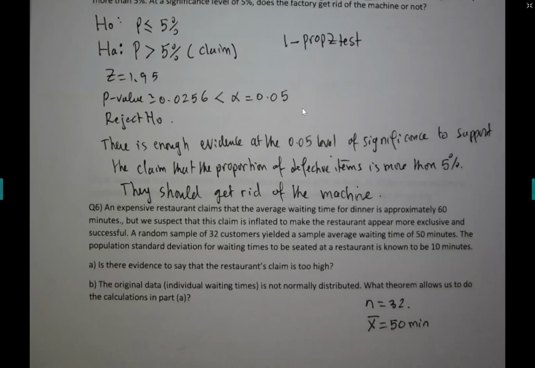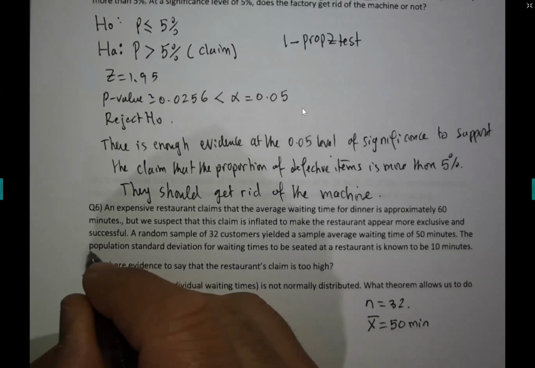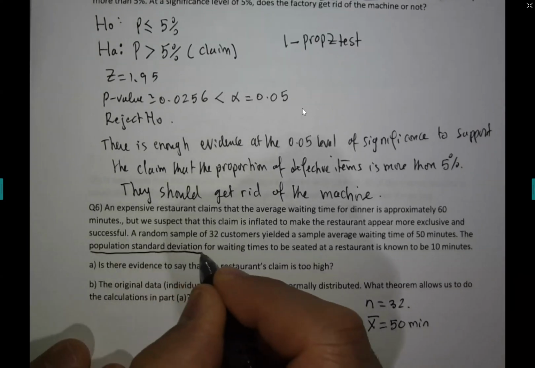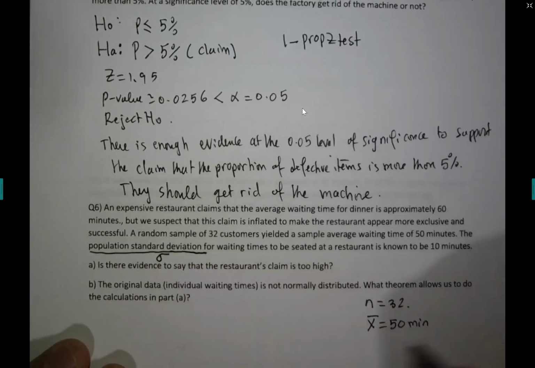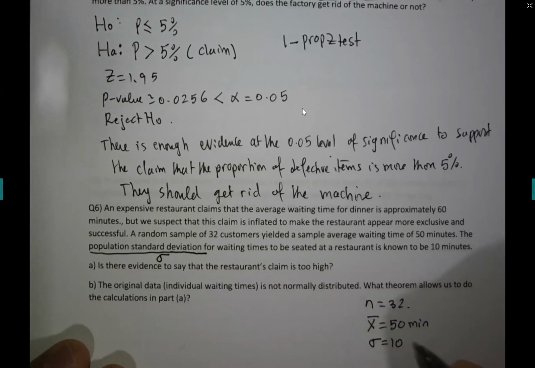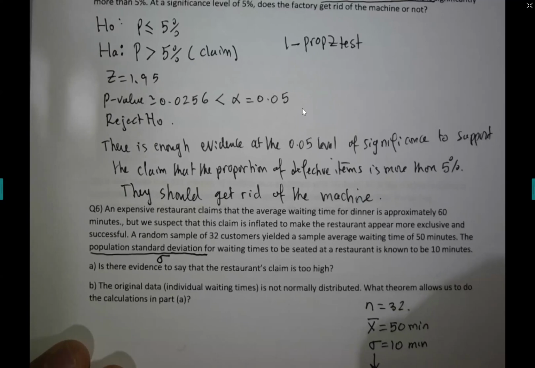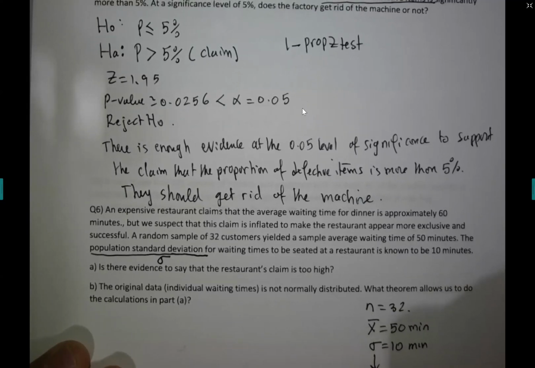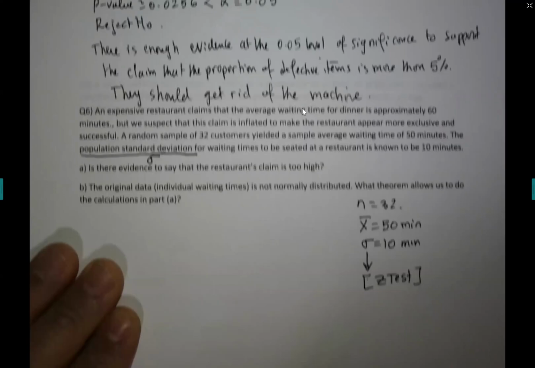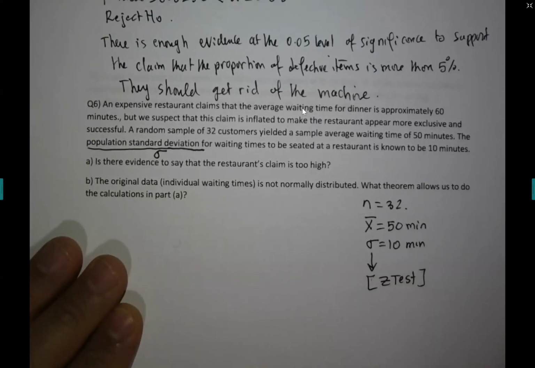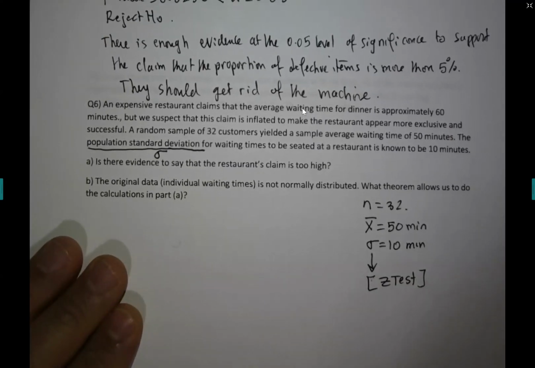Do you guys agree with me that this is not s, this is sigma? Is this clear, guys, where he says the population standard deviation? Look. This is sigma. And because this is sigma, guys, you cannot use the t-test. It must be the z-test. I hope that this makes sense, guys, because that's very, very important, the difference between the two.